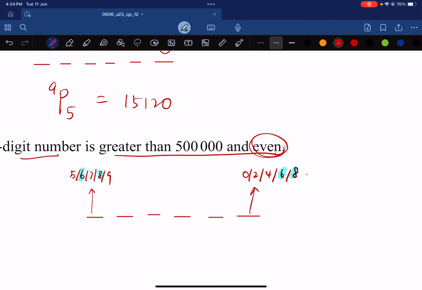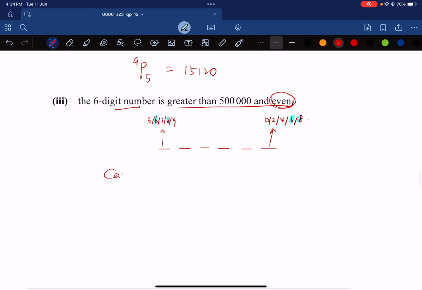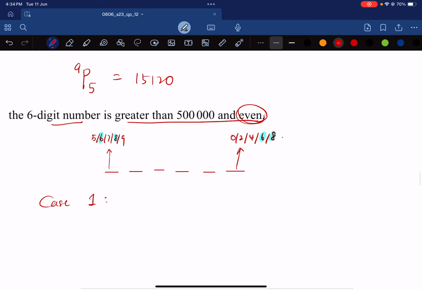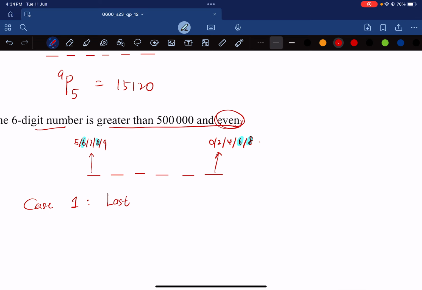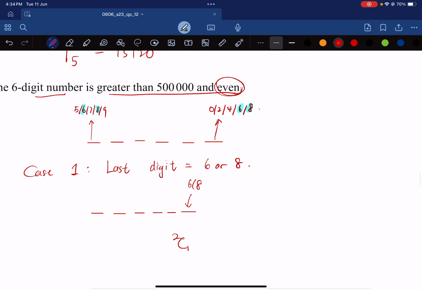So we need to separate into 2 cases, right? Case 1, you can use the last digit or first digit as the divider of the cases. It doesn't matter, I use the last digit. Last digit to be 6 or 8. So we have 6 or 8, 2 options, so it's 2 choose 1.